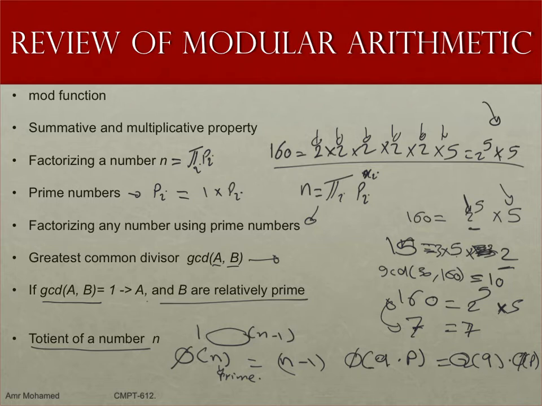So the totient of P times Q is actually P minus 1 times Q minus 1. So the multiplicative property also applies here.